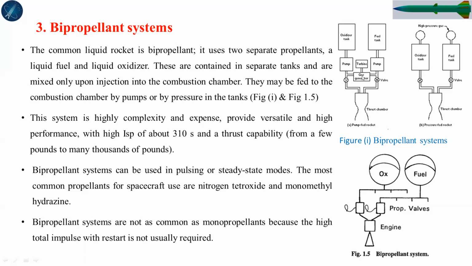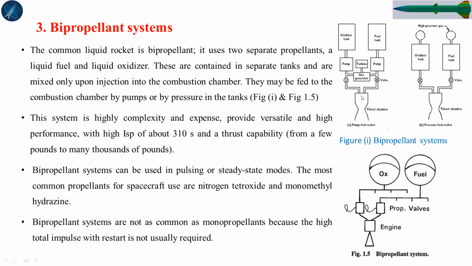Pumps are there, turbines are there, gas generators are there. So this is called the pump feed system. And this one has only high pressure gas in a cylinder here, so it is the gas feed system. Okay, so this is the bipropellant system. Bipropellant contains oxidizer and fuel in separate tanks, which are connected with some feeding systems, and then this will come to the thrust chamber.